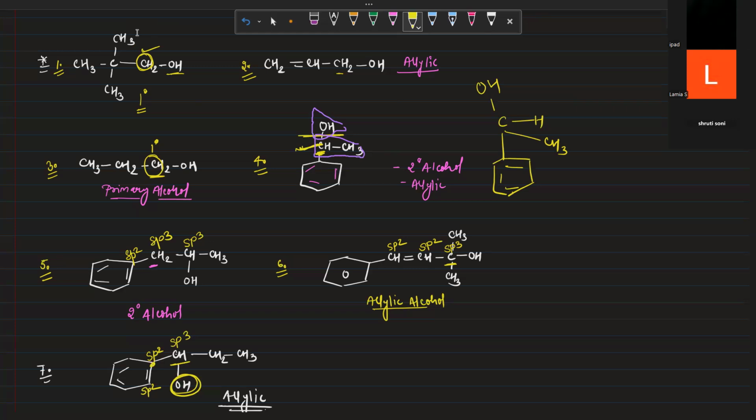I thought the OH was separately attached to another carbon, so it was hard for me to recognize the hybridization. I just wanted to clarify that. I think that was the main doubt that I had. Wait, sorry, I'm just gonna finish. Give me 1 second.